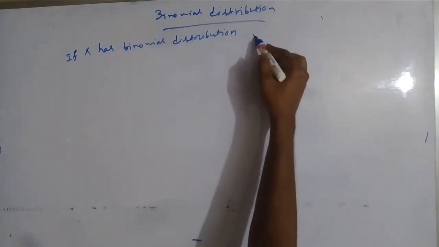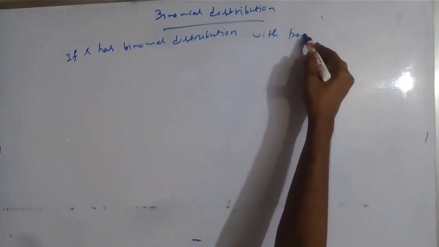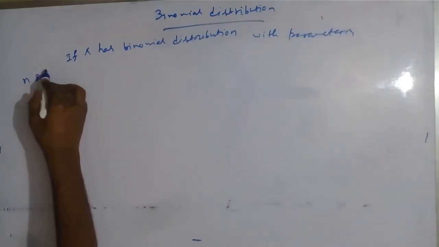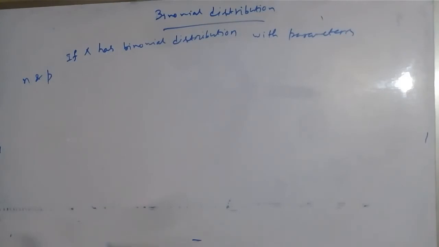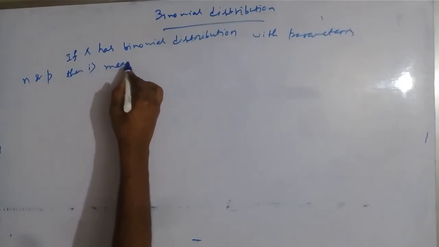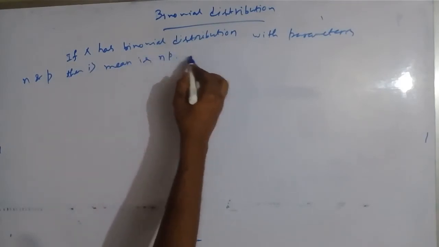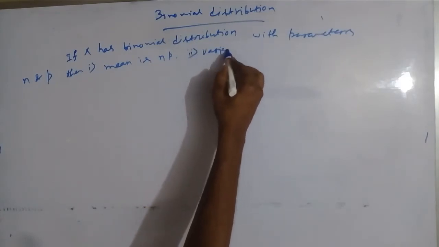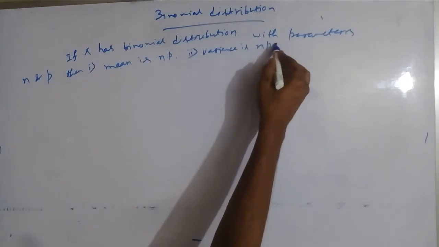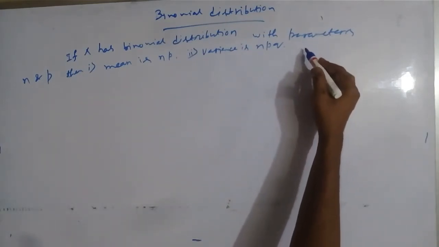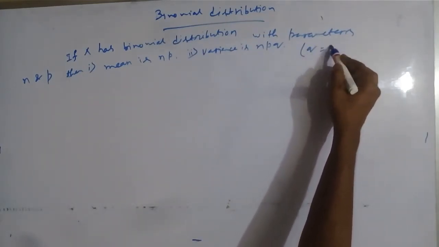with parameters n and p, then number 1, the mean is np, and number 2, the variance is npq, where q is 1 minus p.